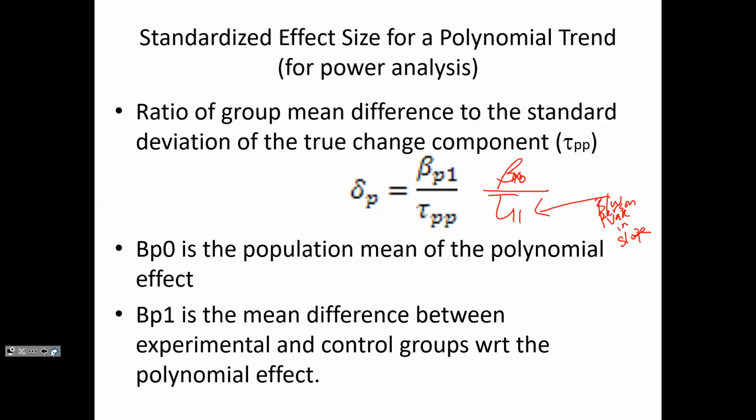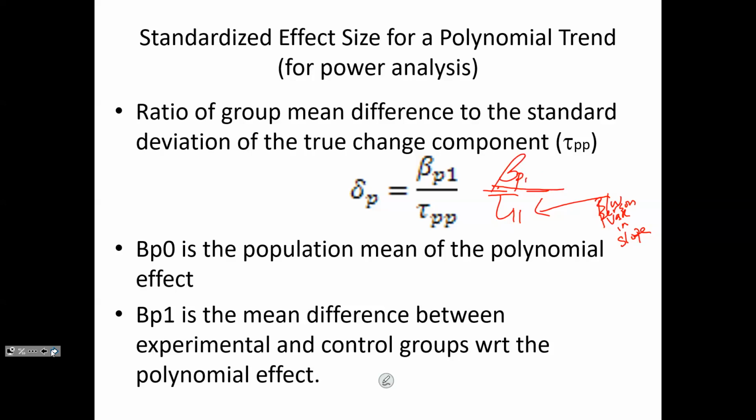And then, oh, actually, I take that back. This is going to be beta, not looking at the slope in general here. Actually, we're looking at the difference between the treatment and control in terms of the slope. Maybe like beta, beta P1. So beta could be beta 1,1, depends on what P means.